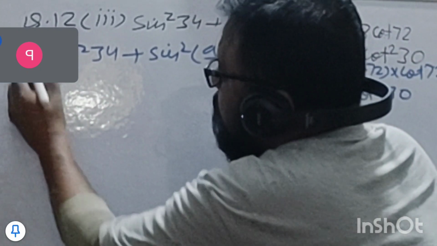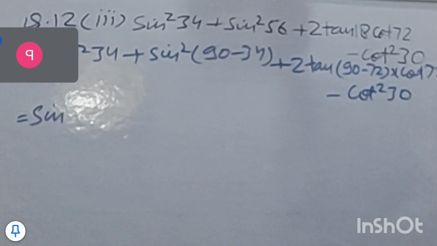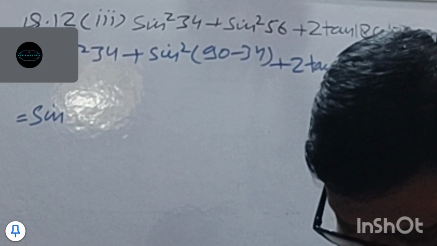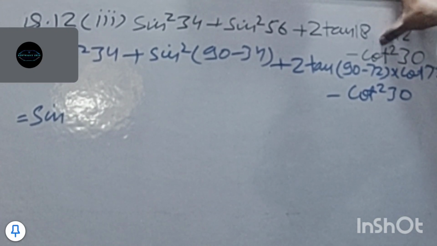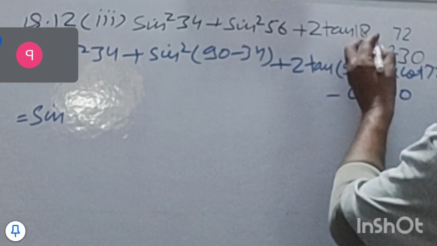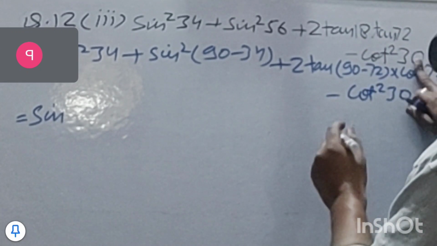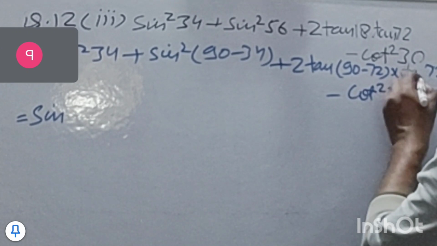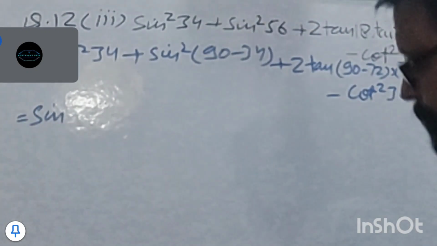Right. So this is sin² 34. Yes, it is 2 tan 18 cot 72. Very good. And here it is cot 72 minus cot² 30.